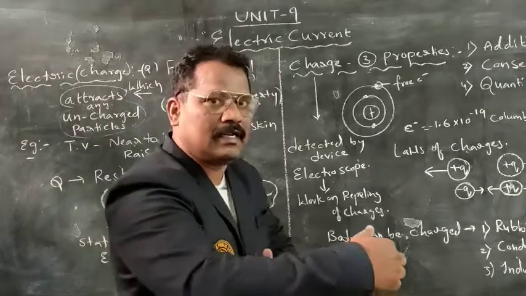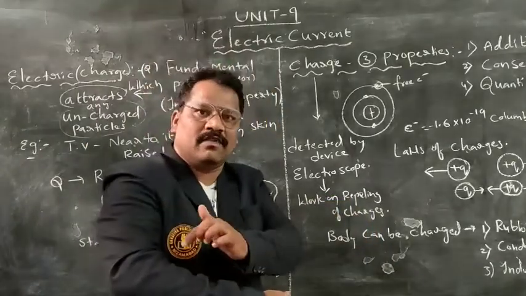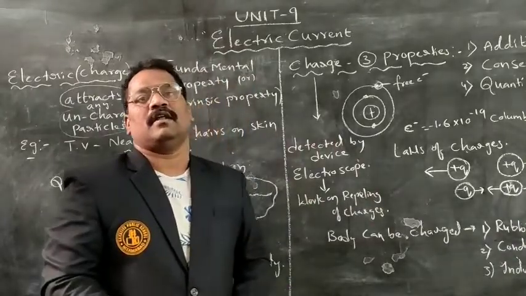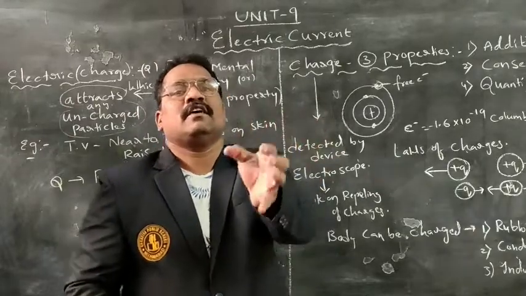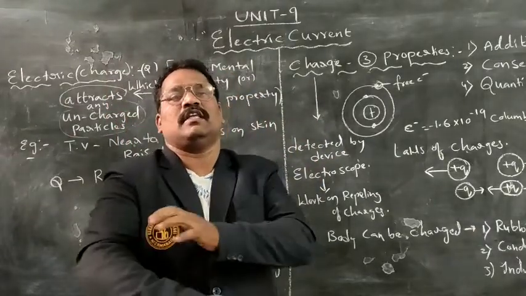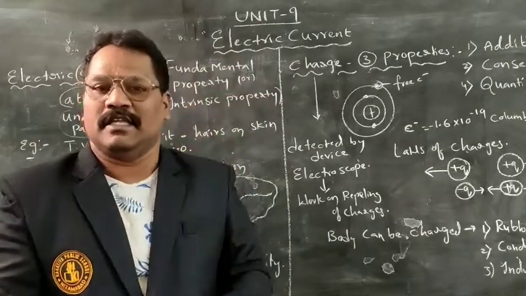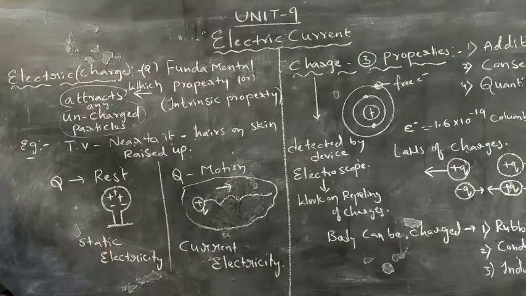As our hand is an uncharged particle, as it is moving near to that, the hair on the hand slightly raises up. Means it is attracted by that particular charged particle. That is called a charge. We can say that.